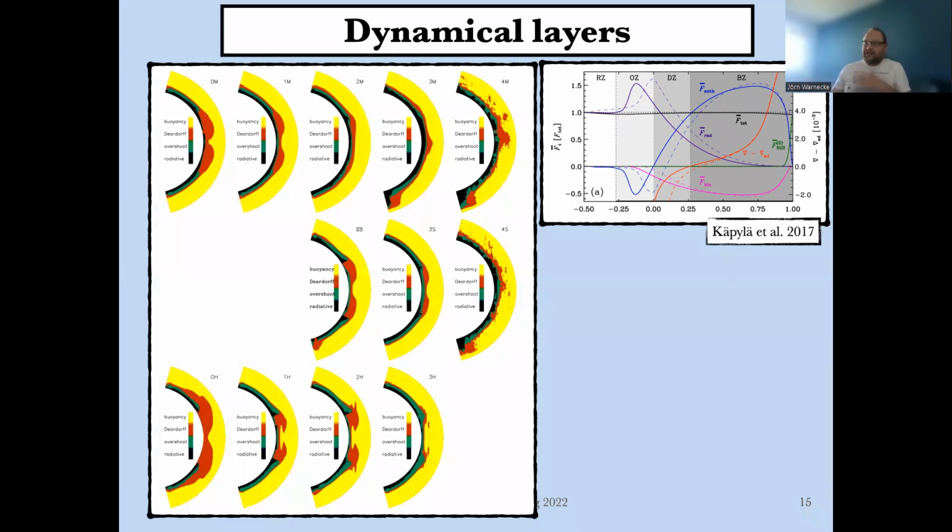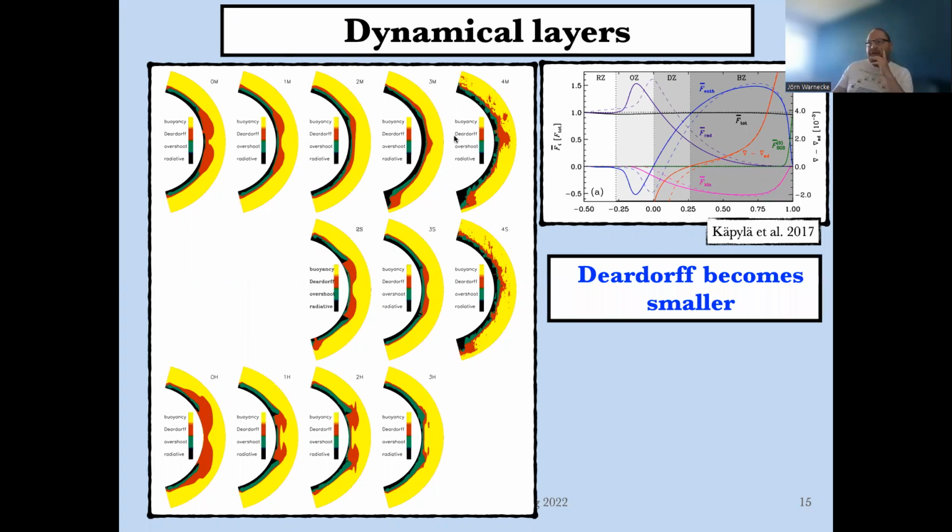Now we can look at these layers in these global convection simulations. I have indicated them with colors. The buoyancy zone, the old convection zone, is in yellow, the Deardorff zone in red, the overshoot in green, and the radiative zone in black. What you see here is that when you go to the right, to higher magnetic Reynolds number, it seems like you have, for the lower part, a quite extended Deardorff layer, which then becomes smaller.